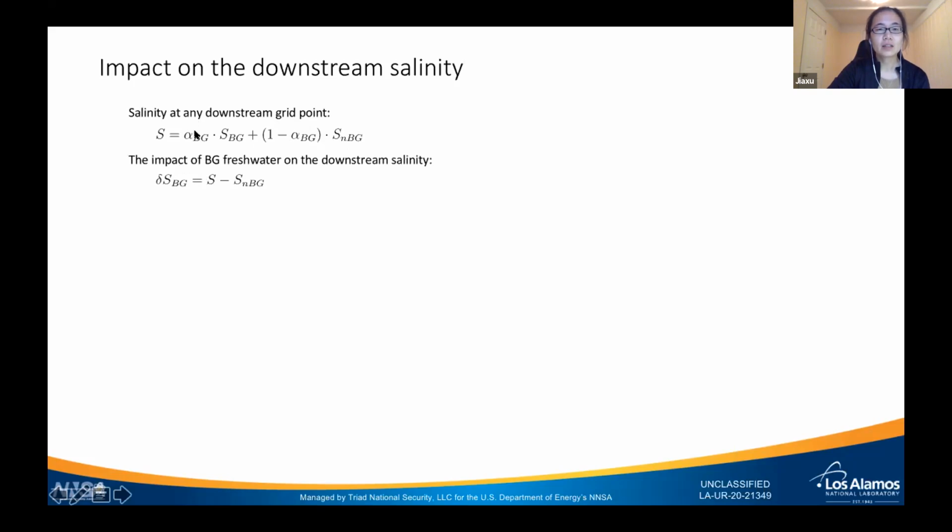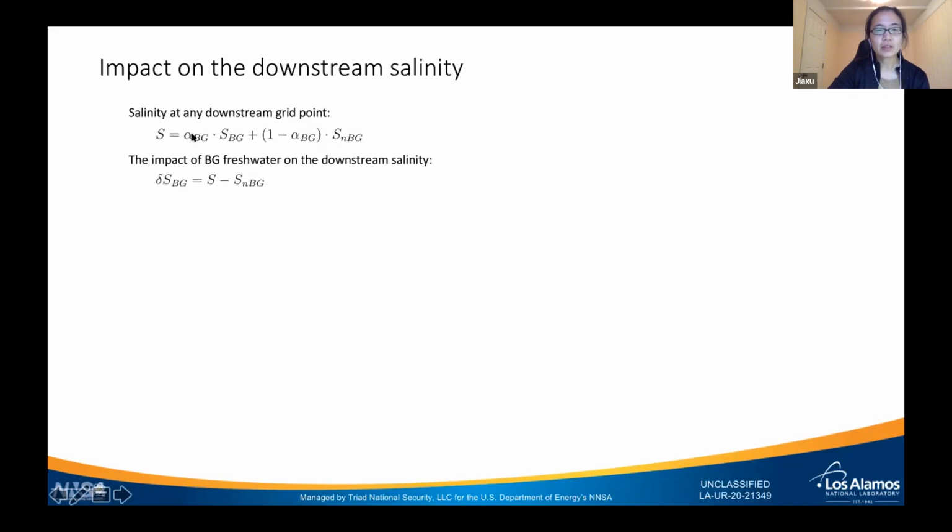For example, if we have no freshwater from BG, which means the alpha BG is 0, you will have S equals S non-BG, which means the difference between the two will be 0. The delta is 0 means there is no BG impact.